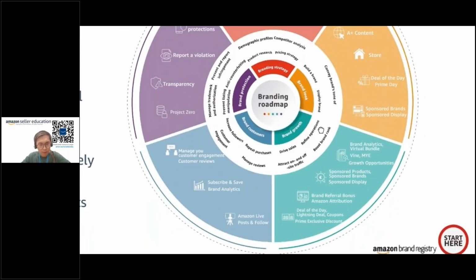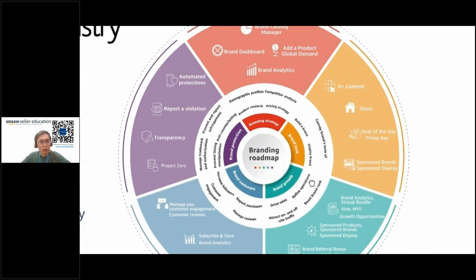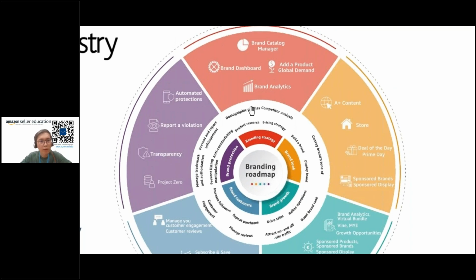You can download a copy of this, which I will share at the end as well. Each of these branding roadmap pillars has different tools to help with your branding strategy: your brand look, your brand growth, brand customer, as well as brand protection. I won't be able to cover each and every one of these tools, but I will cover some of the important ones.